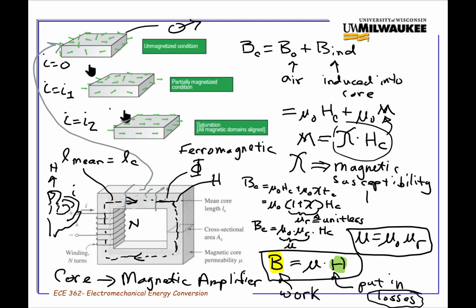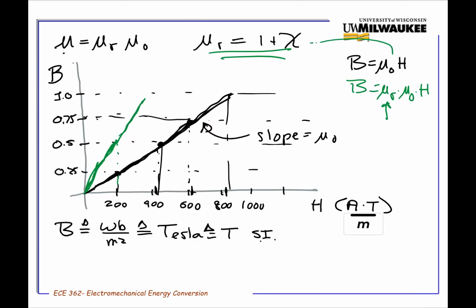Now I want to correlate this back to the magnetized condition and these dipoles in the magnetic domains, because we would imagine that as we put more current into this material, we're going to start to line up the magnetic domains. So what does that do to this BH curve?